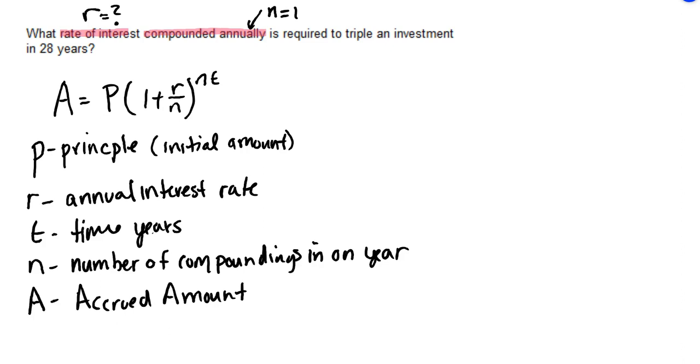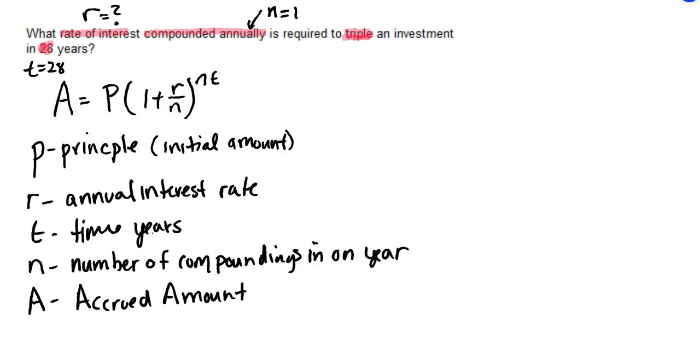I already mentioned that it says compounded annually, which tells us that N is 1, is required to triple the investment. That's going to be important in just a minute. Triple in 28 years. So T is 28.